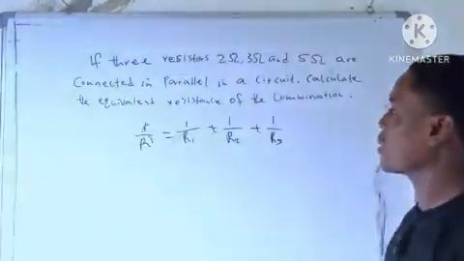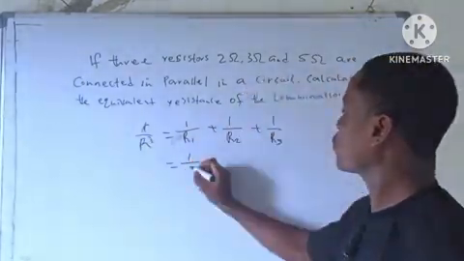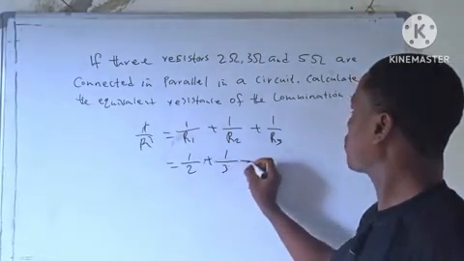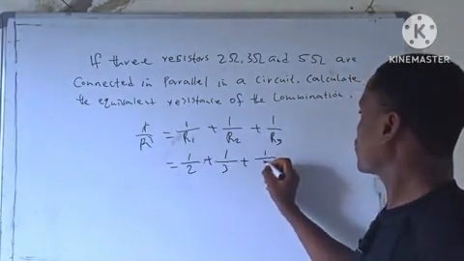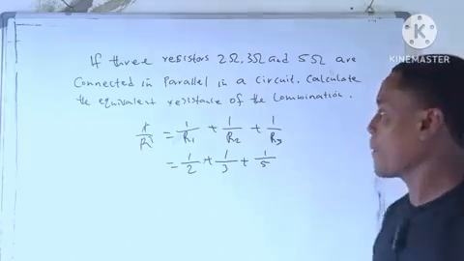Isn't it? So equal to 1 all over the first resistor, which is 2, plus the second one, which is 3, plus the third one, which is 5. Are you getting it?